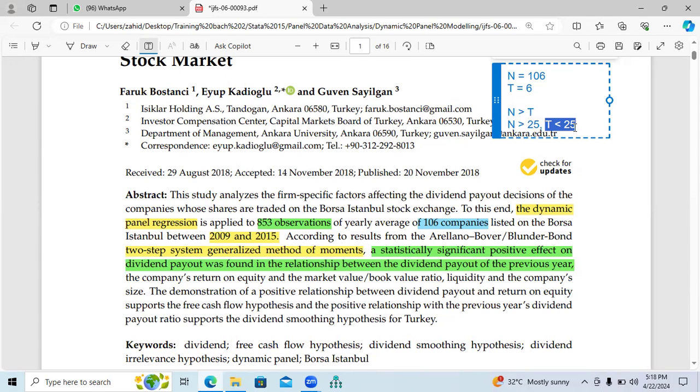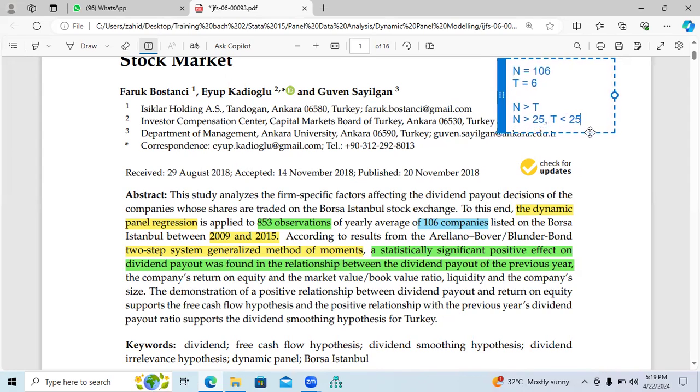These are the basic considerations that you need to understand, because in our case, the time period is only 6 years, T equal to 6, and the number of companies is 106, N equal to 106. So N here is greater than 25 and T here is less than 25. This is the basic condition for applying the dynamic panel data analysis. It means that we are fulfilling the basic condition of dynamic panel data analysis.